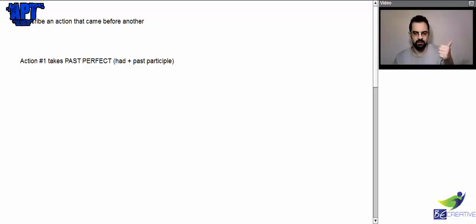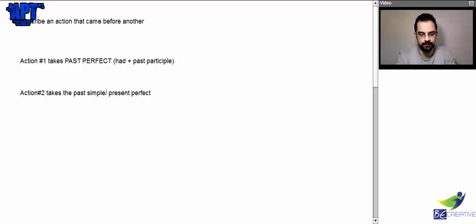Okay, write, wrote, written, or swim, swam, swum. That's the third form, swum, or written. I'm talking about this past participle. And the second action, number two, takes either the past simple or the present perfect.